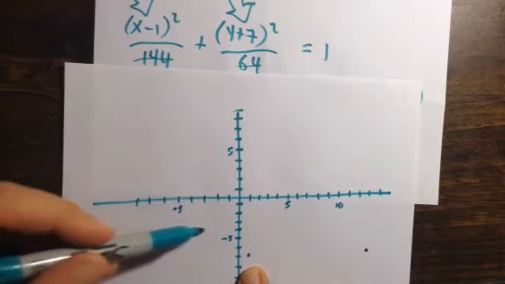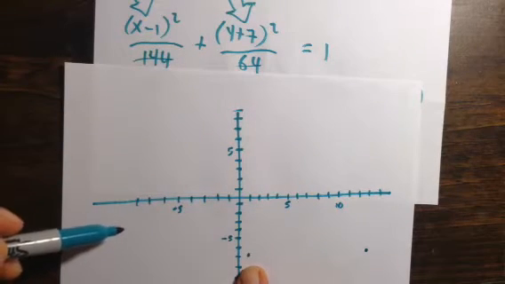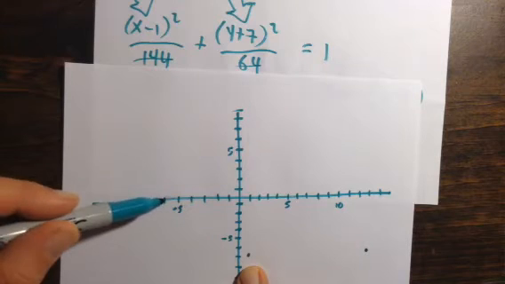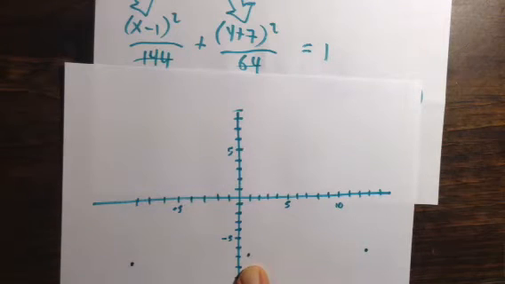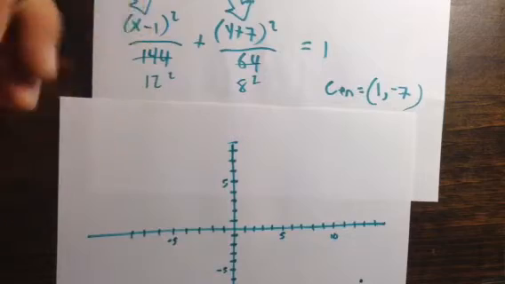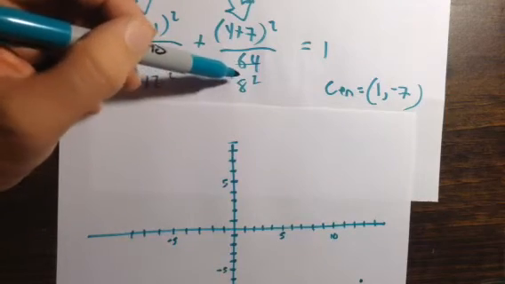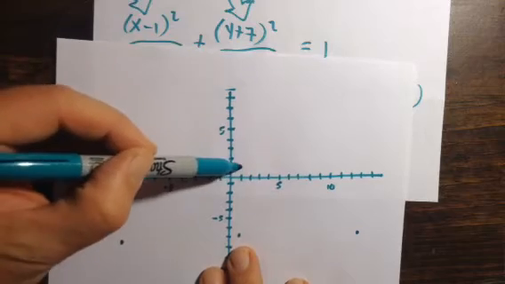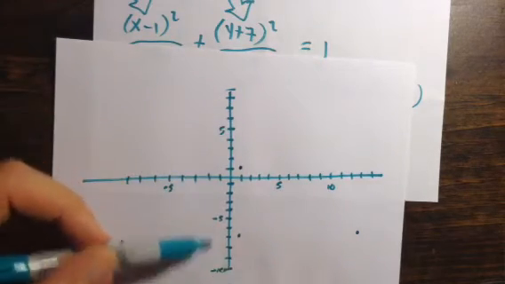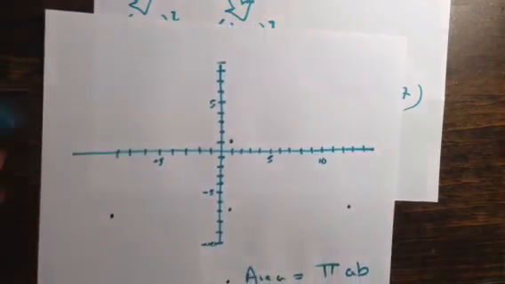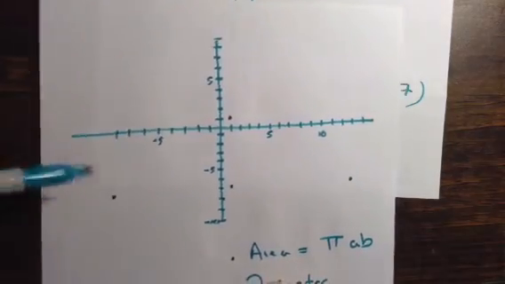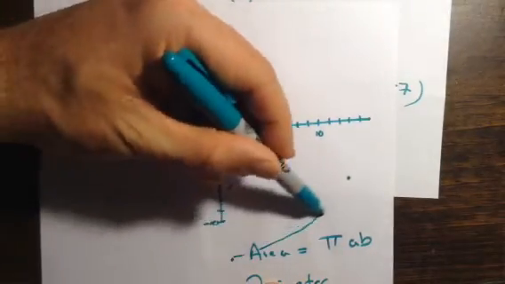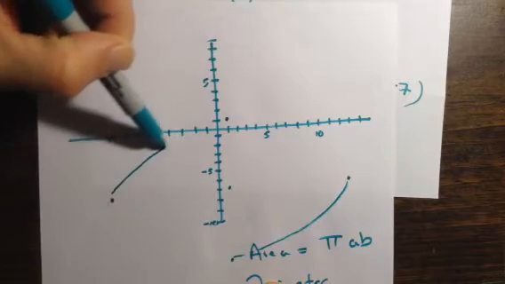And I'm going to move on this side to negative 11, I believe, right? I'm not doing it perfect, but you get the idea. And I know my vertical shift is going to be 8 above, 8 below that. So if I'm at negative 7, I'm going to be up here, and I'm going to be down here. Okay? So let me draw this out real quick. This is not obviously perfect.